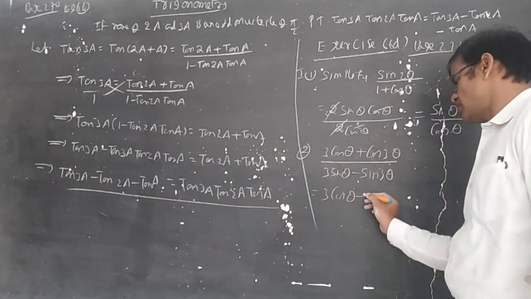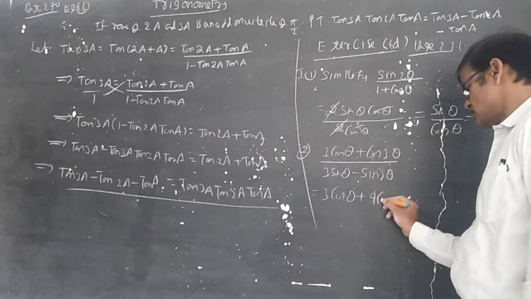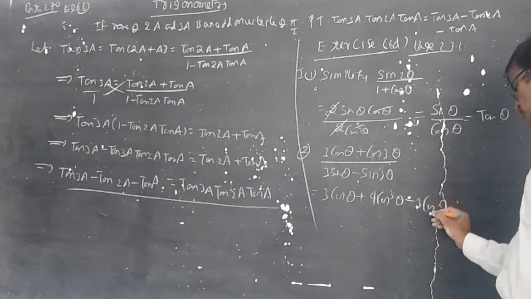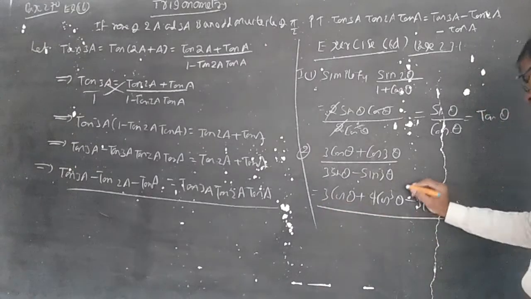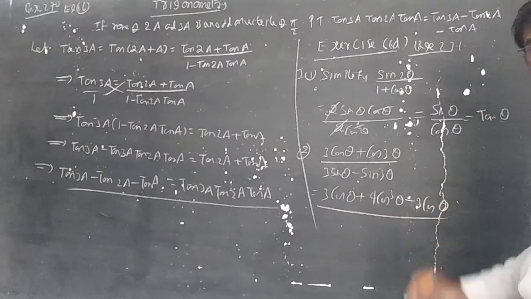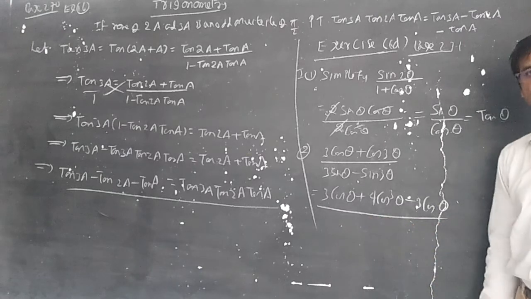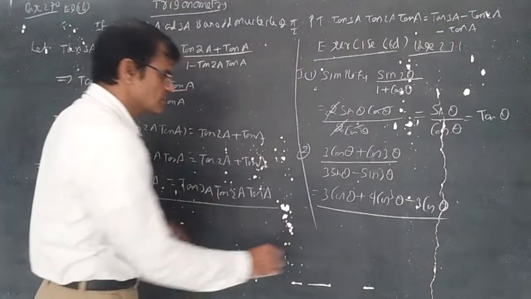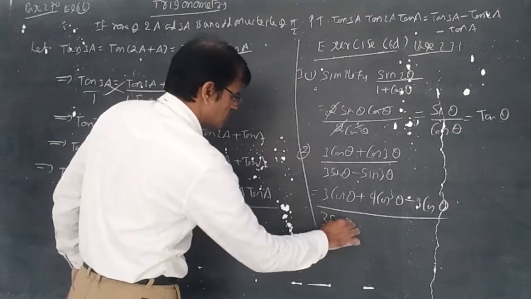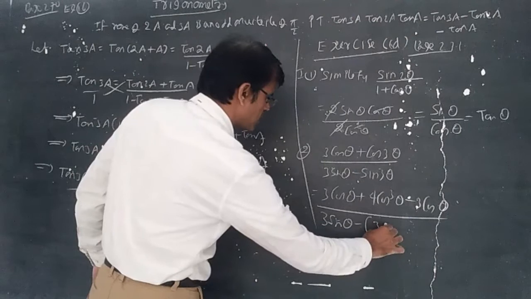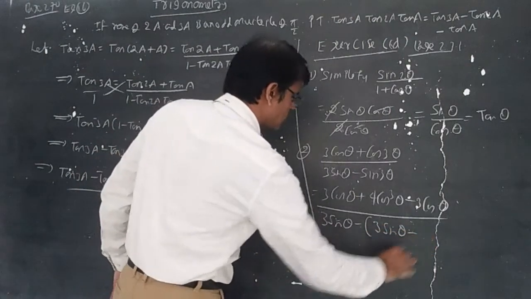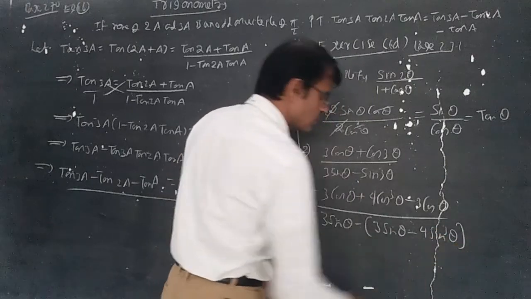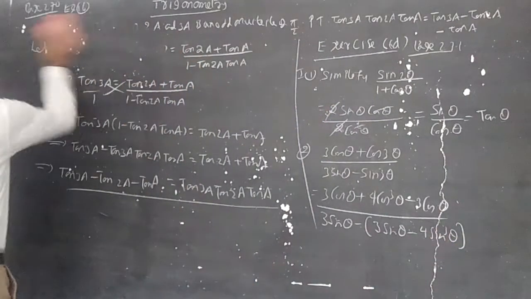I said the cos 3 theta formula is 4 cos cube theta minus 3 cos theta. Proofs also I said, students, depend upon the multiple angles concept. The 3a formula we discussed separately in the class 2 days back. Now this is 3 sin theta minus, put a bracket here, sin 3 theta formula 3 sin theta minus 4 sin cube theta.